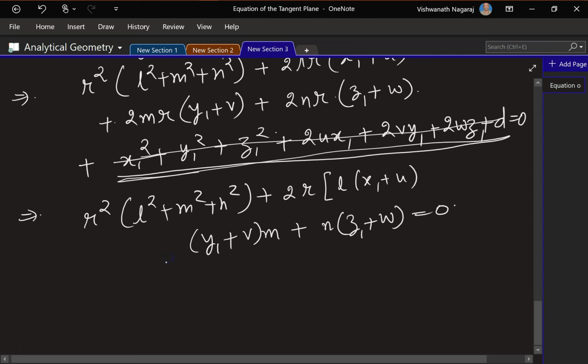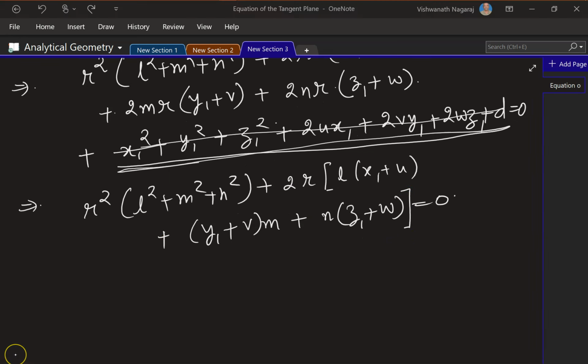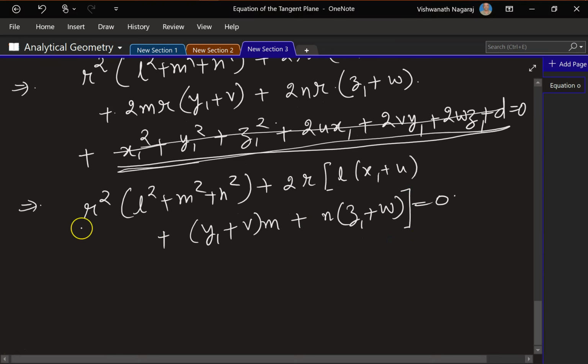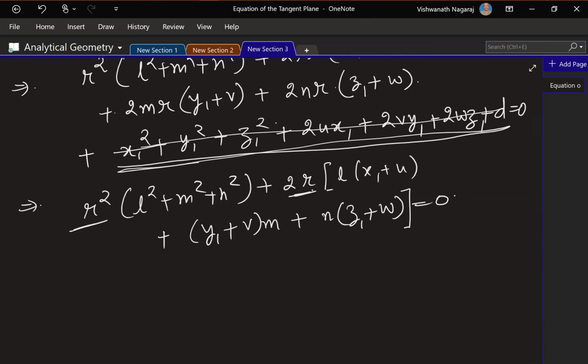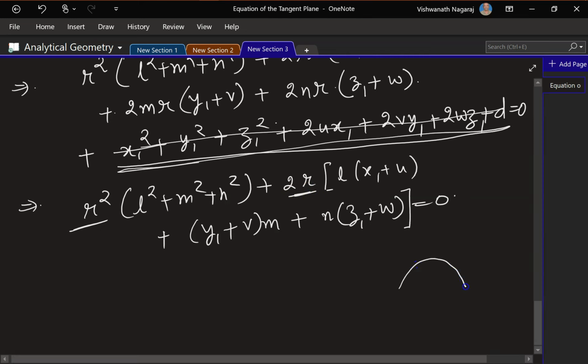Okay, this looks like a quadratic equation, right? R square and R. And remember, we are talking of a sphere, and a line which touches the sphere only at one point.